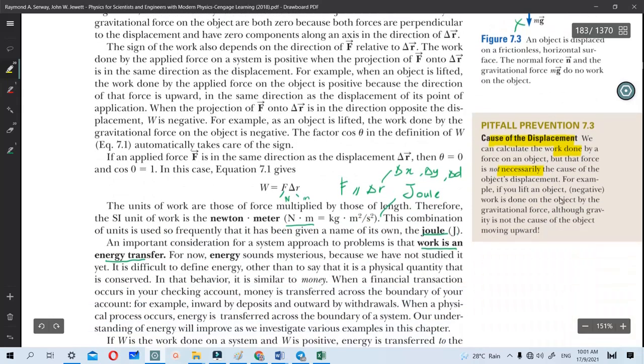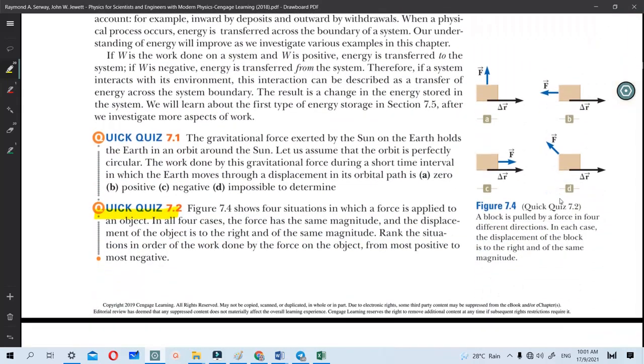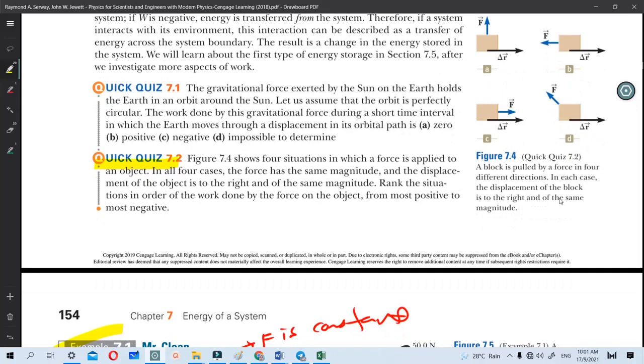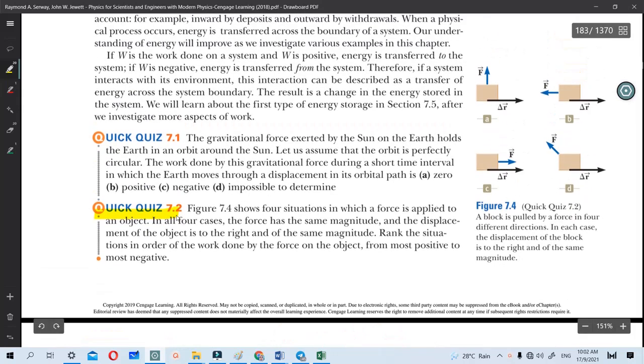Alright. Let's now look at Quick Quiz 7.2. In Quick Quiz 7.2, we are given four situations, A, B, C, D, where forces are applied differently by somebody, by the environment, to the system. The system is the blocks here.